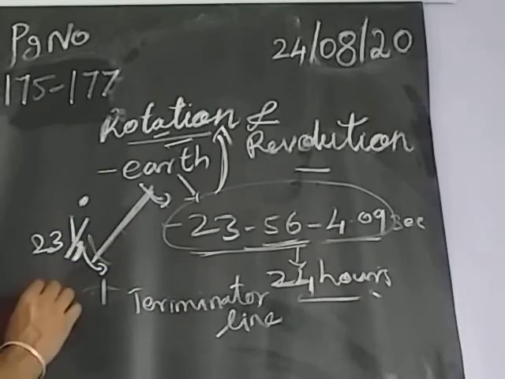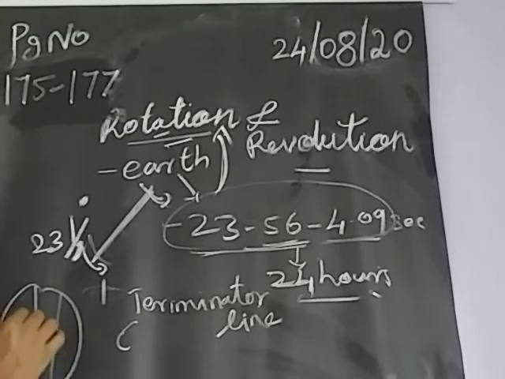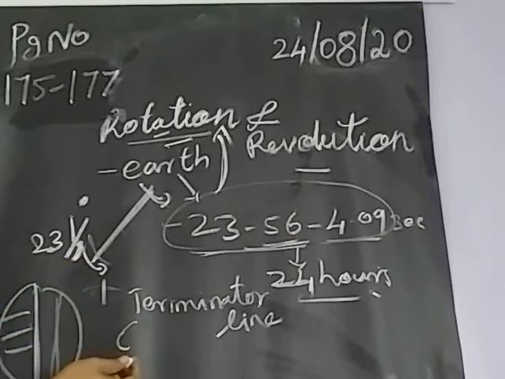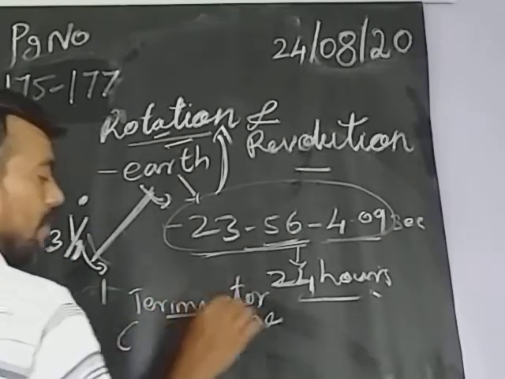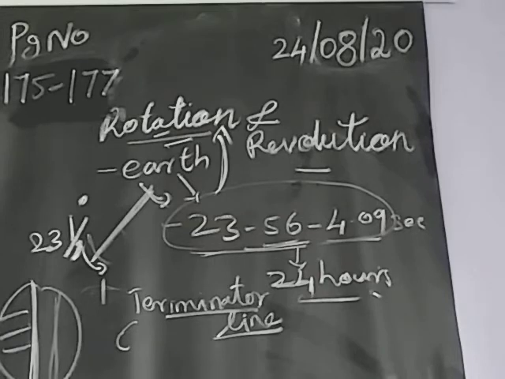For example, the Earth is here and the Sun is here; one side will be light and the other side will be dark. The border line between the light and dark areas is called the terminator line. These are the important points about rotation.